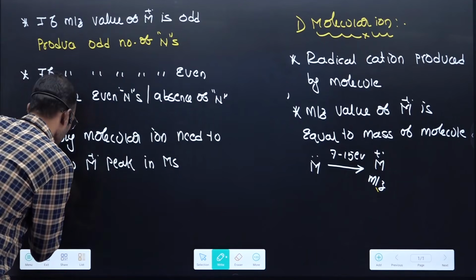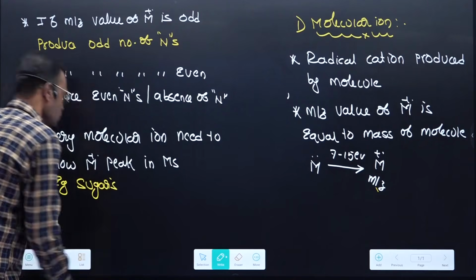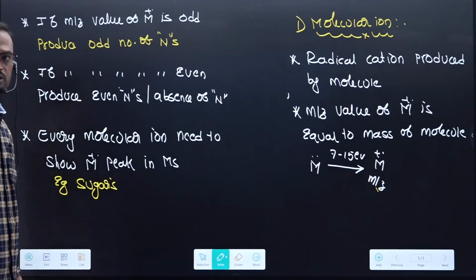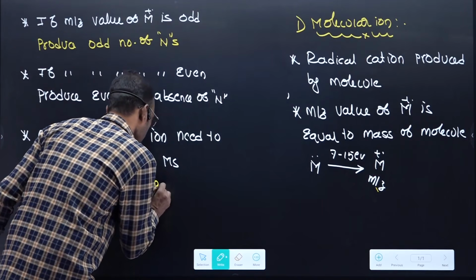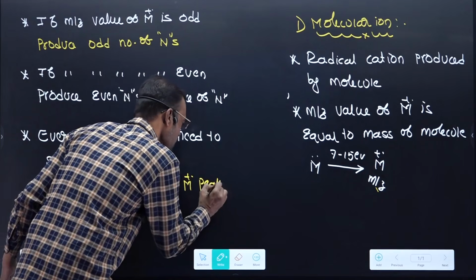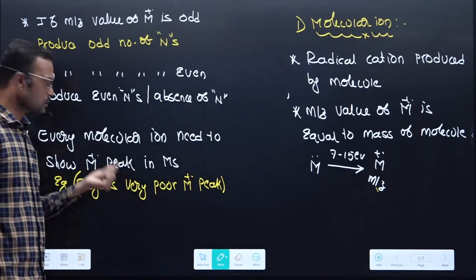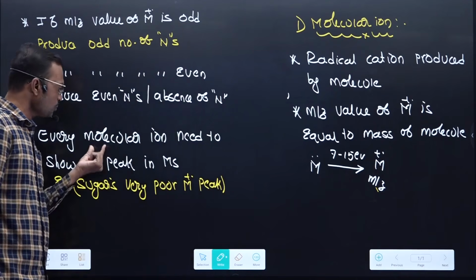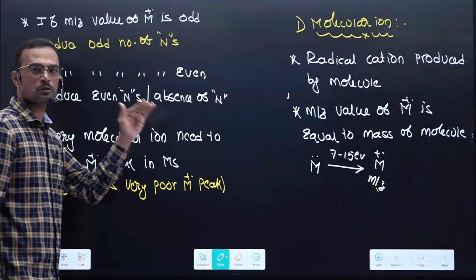Especially if I take large molecules like sugars, carbohydrates, terpenoids, steroids, we can expect a very poor molecular ion peak. Sometimes it may disappear. So this statement is not correct every time. There is no possibility of representing the molecular ion peak every time in mass spectrometry.